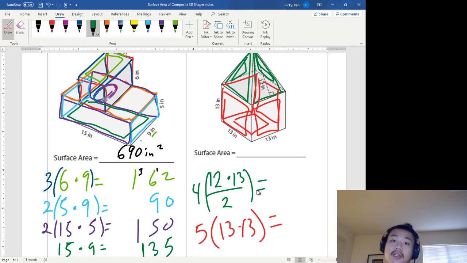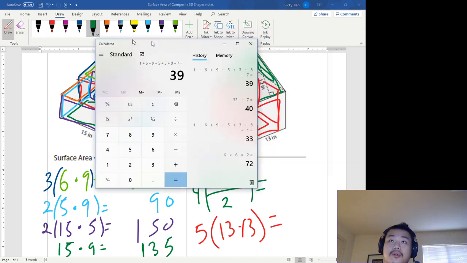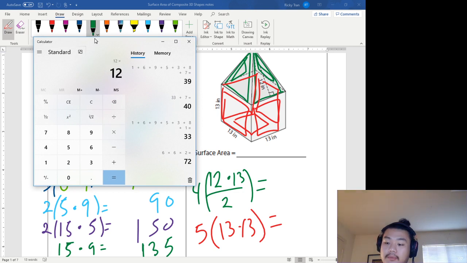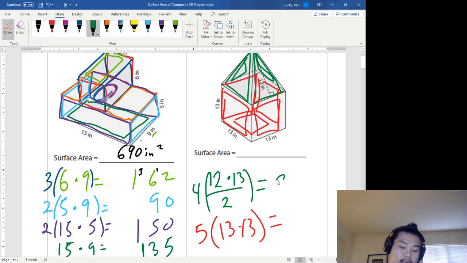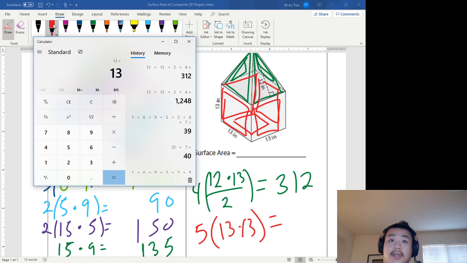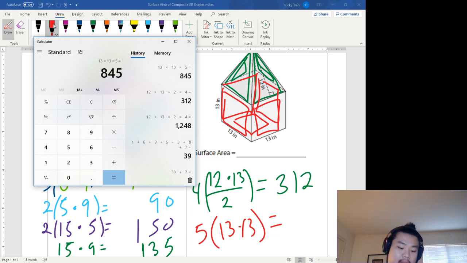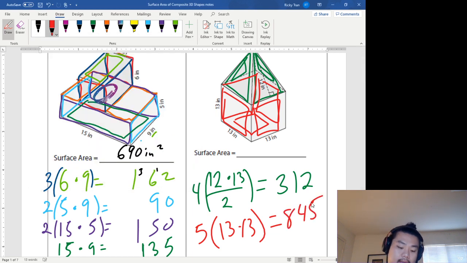So let's do this one, which is just 12 times 13 divided by 2 times 4. There it is, 312. And then we have 13 times 13 times 5 of them, 845.